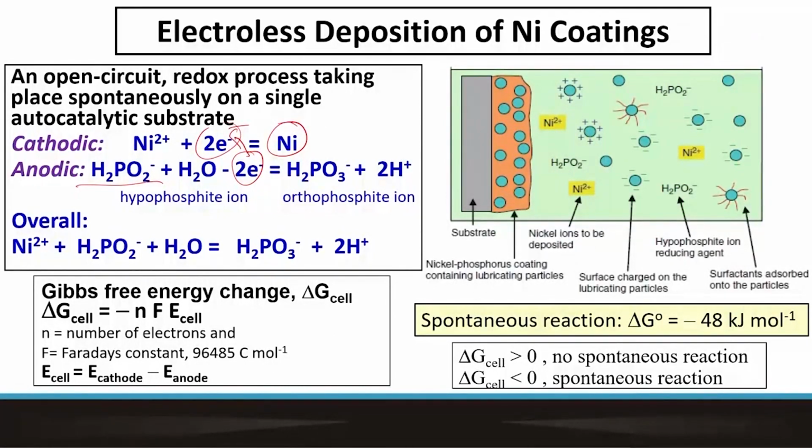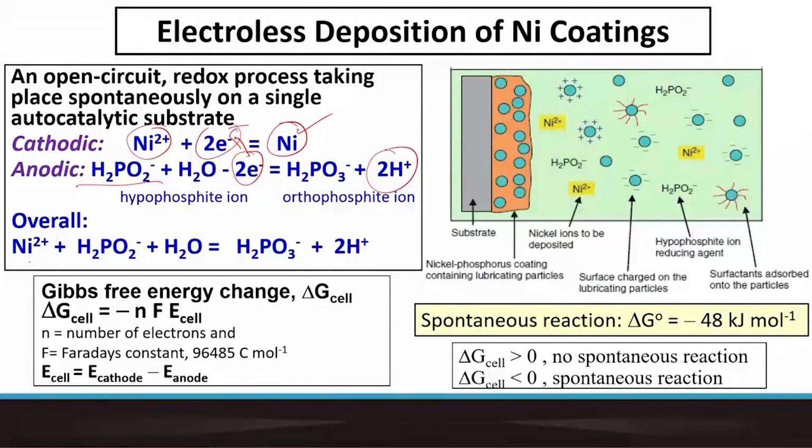So hypophosphite compound in aqueous solution liberates electrons. These electrons combine with nickel ions and produce nickel deposits at the cathode. So this is the deposition process, but there is no current flow. There is no closed electrical circuit available. And in the process, of course, it evolves hydrogen.